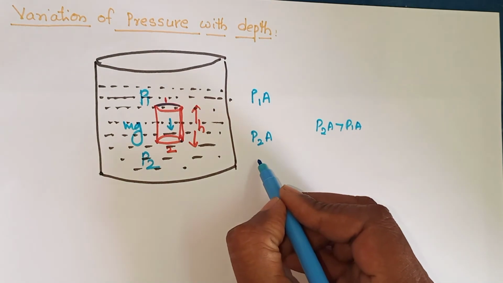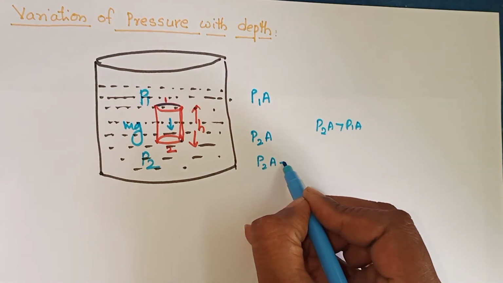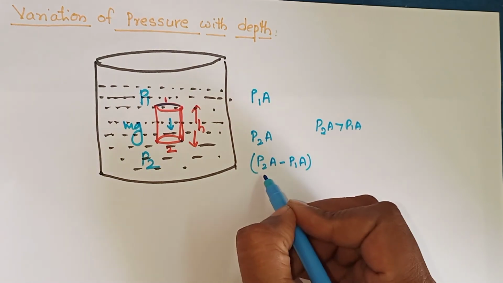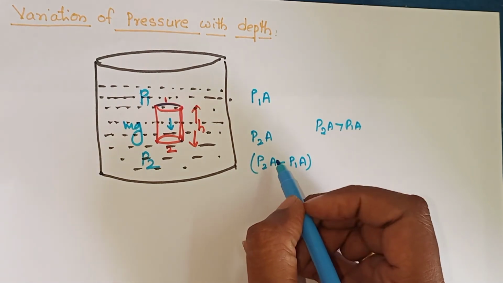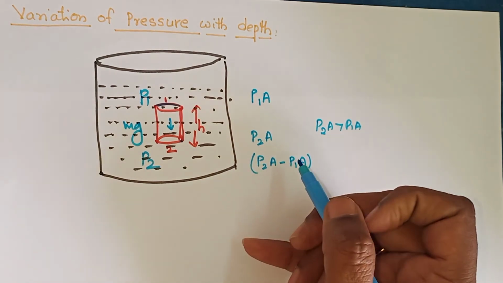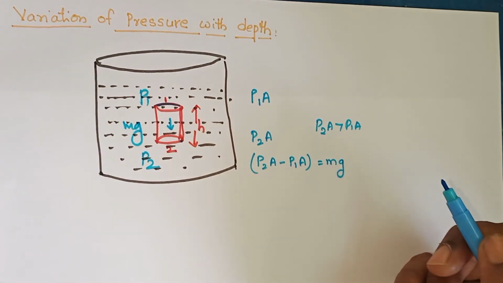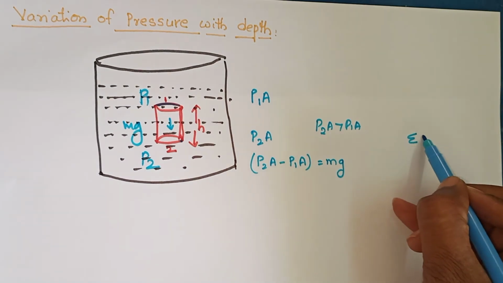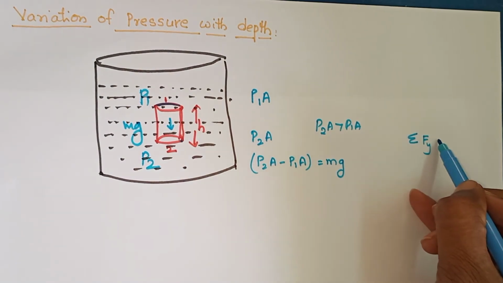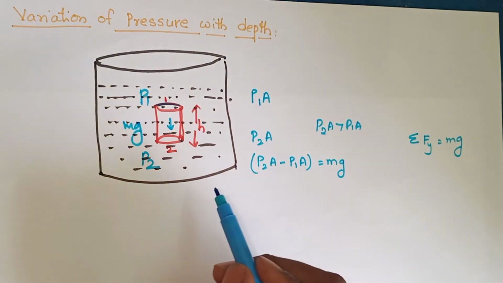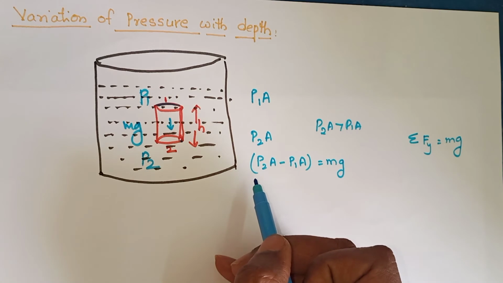Now p2A minus p1A, what is that? This is a force difference, which is balanced by mg. You can write the net force, sigma Fy, is equal to mg. Now how do you write this?